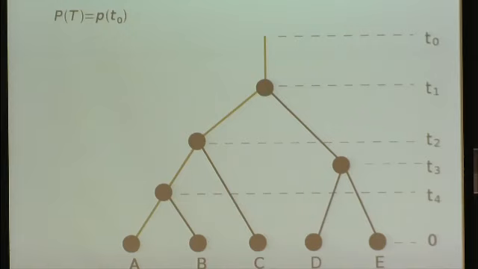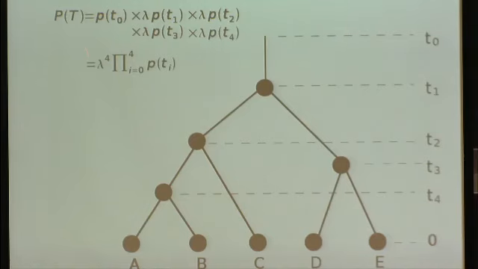So the probability of this tree I can calculate as the probability of this first lineage surviving from when it first appeared to the current time, times the probability of having a speciation event, and then the probability that this next lineage survived from the moment it appeared up until the current time. And I just repeat that again, times the probability of another speciation event, and then the probability that that new lineage survives, etc., etc.